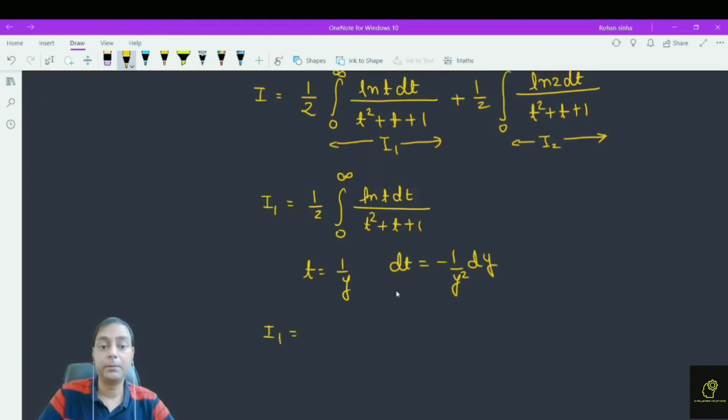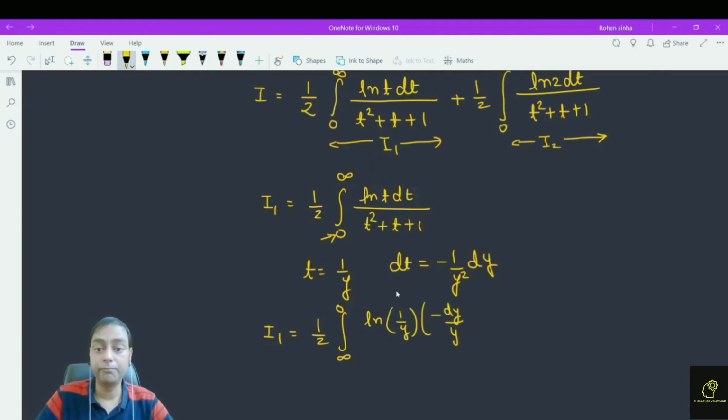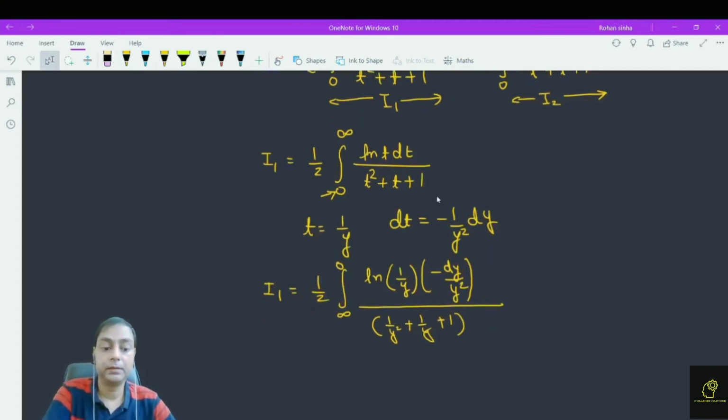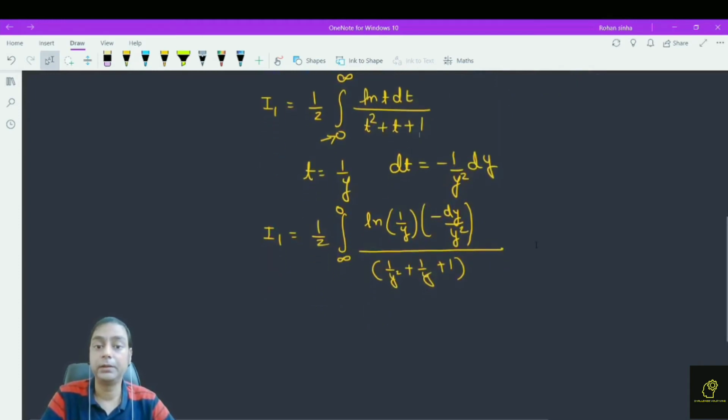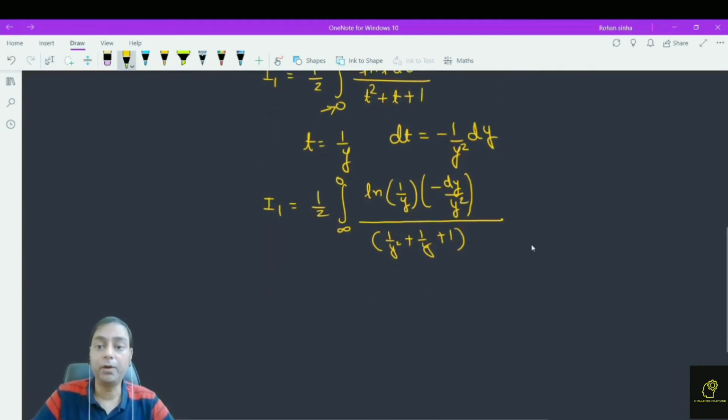Now the limit is from infinity to 0, because as t tends to 0, y tends to infinity, and as t tends to infinity, y is 0. This is log of 1 upon y, dt is minus dy by y squared, divided by 1 by y squared plus 1 by y plus 1. Simply putting t equal to 1 by y, we find this.